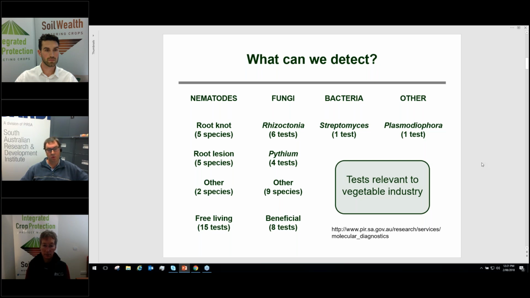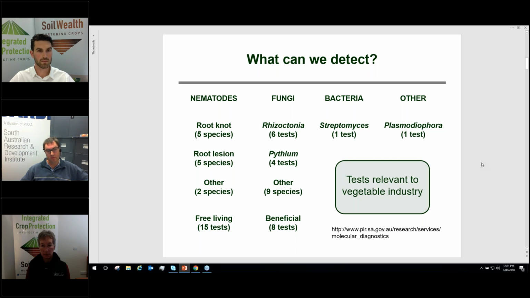Now in broadacre cropping systems, it can give you a reasonable indication of the status of that cropping system. We're not quite at that stage in horticulture, but in our recent work in brassicas and carrots, we've been running those tests to see how useful that may be and to see whether it gives an indication, I guess, as an overall soil health indicator.